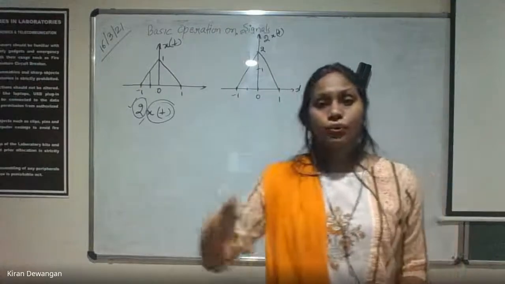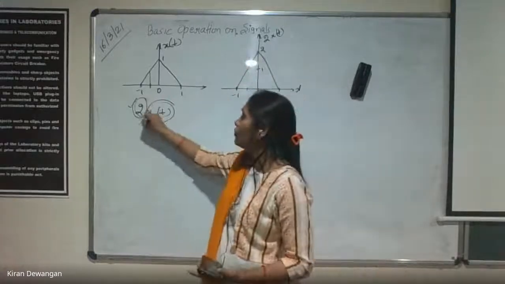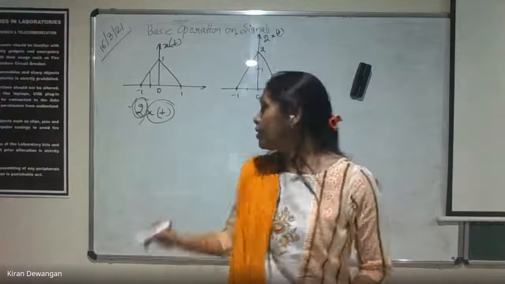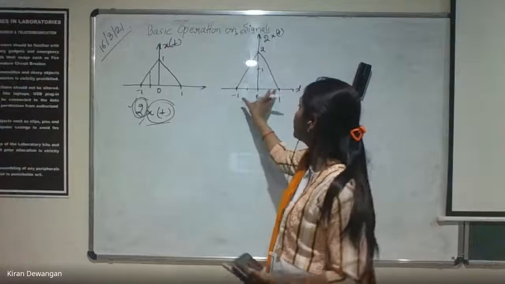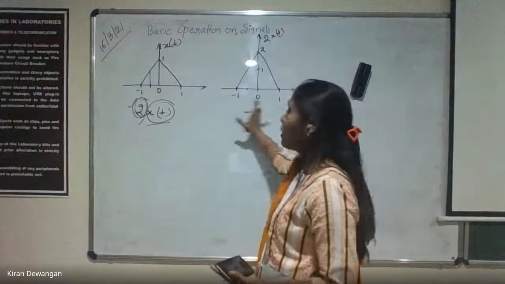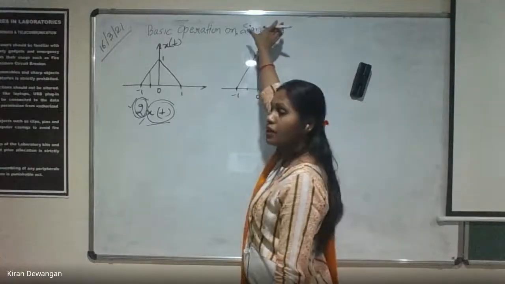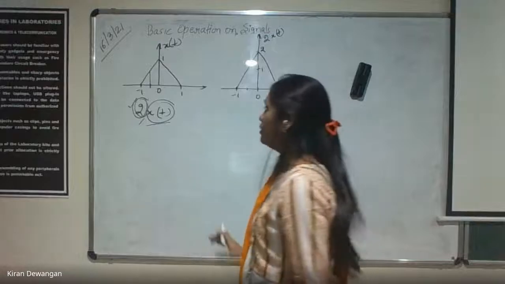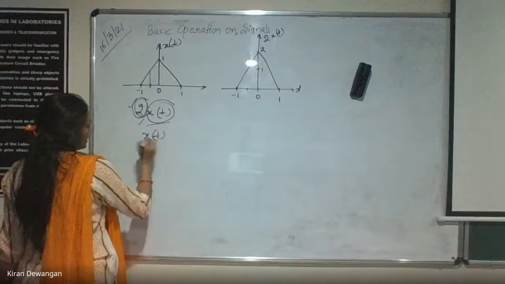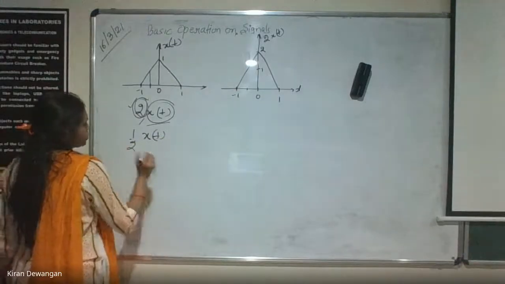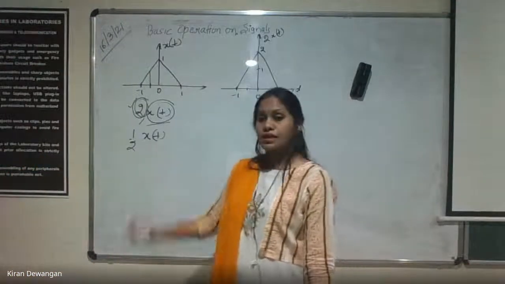The amplitude will get scaled, and it will be scaled by a factor of 2. If we have to plot 2 times xt, the amplitude will get scaled. यहाँ पर जो amplitude, the time as it is है, time आपका -1 से 1 ही रहेगा. There will be no change in the time. Only the amplitude gets scaled. Clear? Now if we have to plot x of t into 1/2, कैसा प्लॉट होगा? 1/2 into xt.